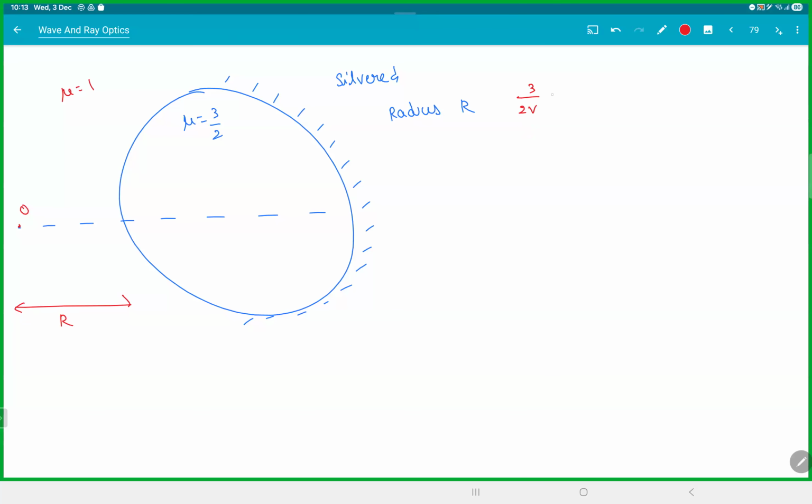That is 3 by 2 over v minus 1 by u, which is minus r, is equal to (mu2 minus mu1) over R, 3 by 2 minus 1 by r. This will be 3 by 2v, this will be 1 by 2r, and minus 1 by r. That would be minus 1 by 2r. This image is actually virtual.